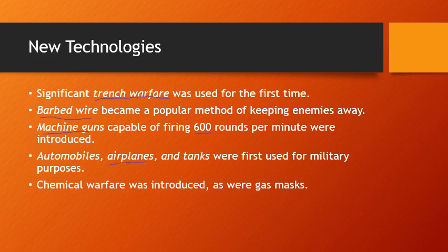We see chemical warfare, sadly, being introduced for the first time, and obviously gas masks being something that were applicable as well. Chemical warfare is a horrible thing. It's using chemical gases to disorient and sometimes paralyze or even kill an enemy.